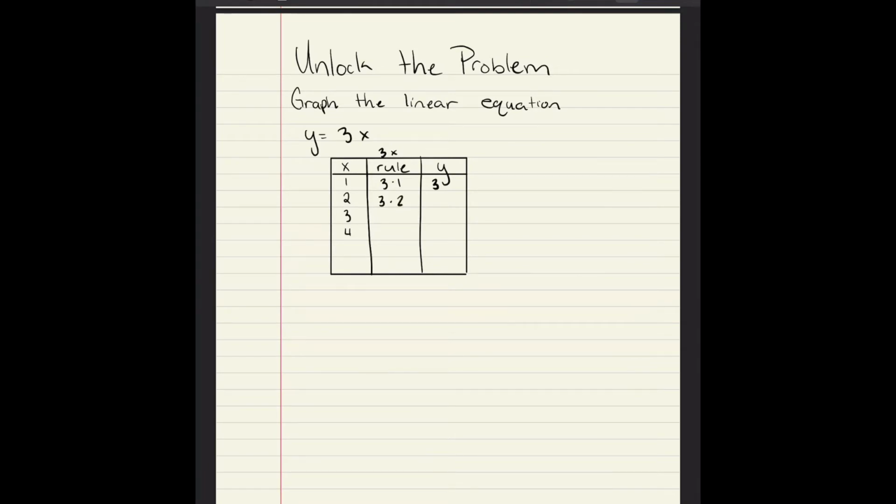So next it would be 3 times 2, and my answer is 6. Then I have 3 times 3, which is 9, and 3 times 4, which is 12. So now if I were to make ordered pairs, which is x and y, it would be 1, 3, 2, 6, 3, 9, and 4, 12.